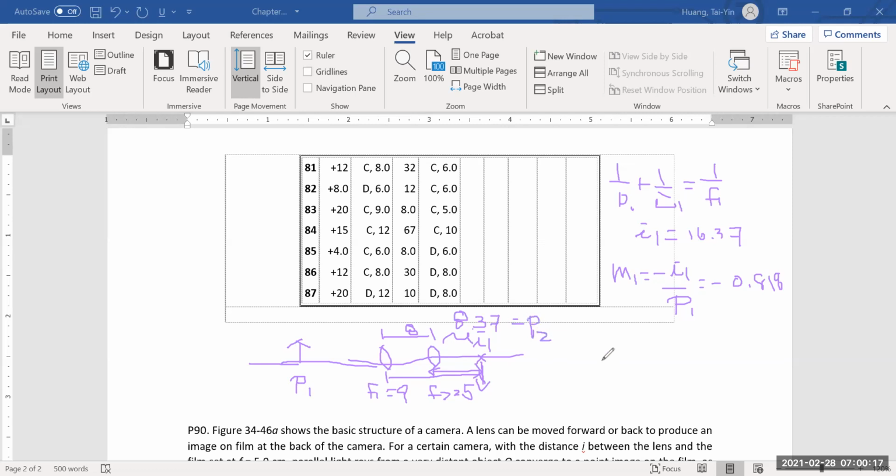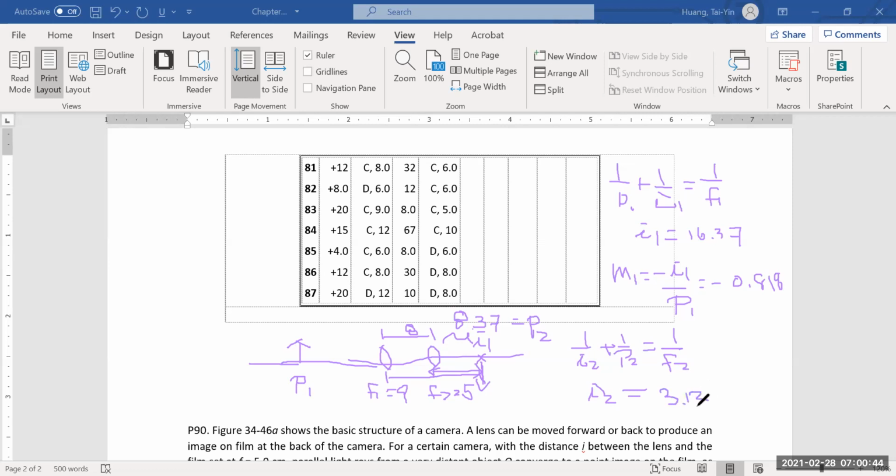And so we're going to apply the lens equation again. You have 1 over I2 plus 1 over P2, and that must be equal to 1 over F2, and your F2 is 5. Once you do that, you'll get your I2, which would have a positive value of 3.13.